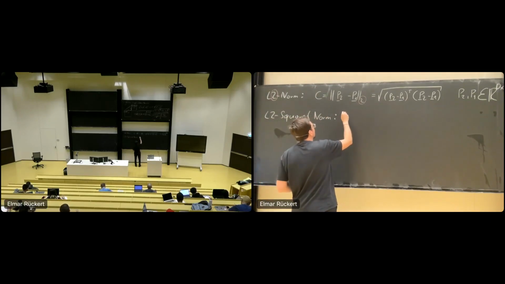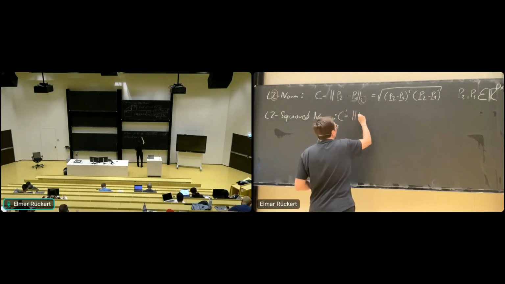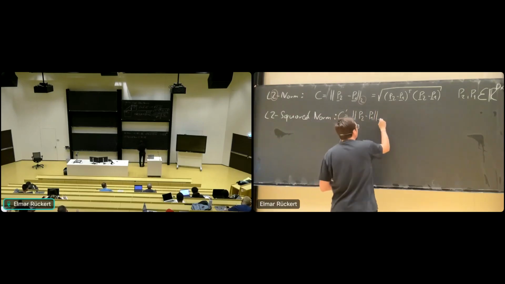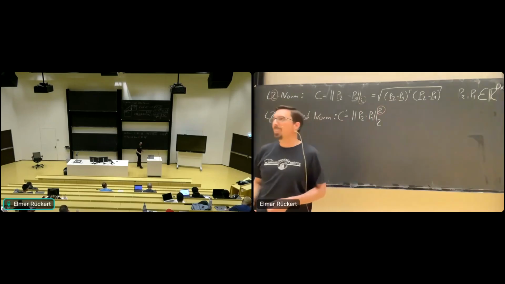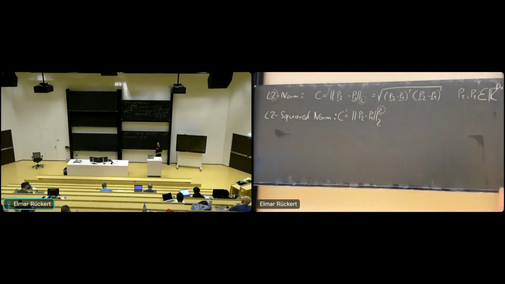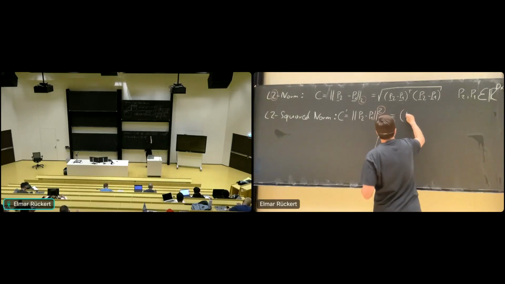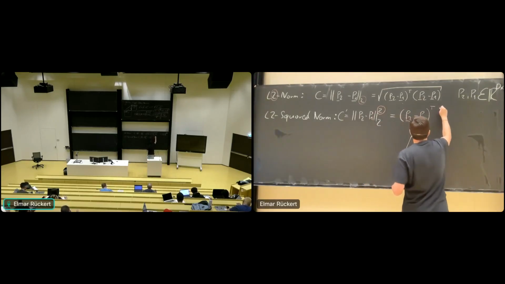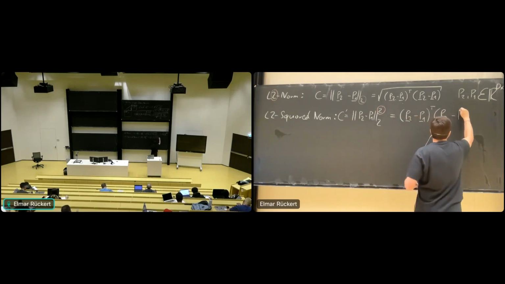And this is now C prime because it's a different thing. I'm again using the same notation with a subtle difference. I have here a second 2. So I take the square to the power of 2, and then the square root is dropped. So the L2 squared norm is simply given by P2 minus P1 transpose times P2 minus P1.